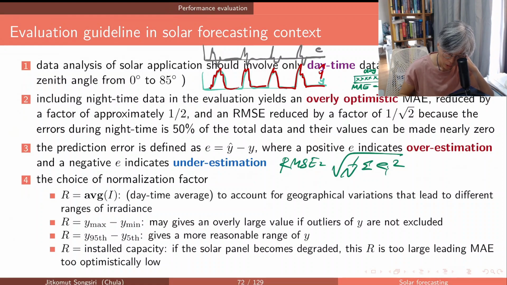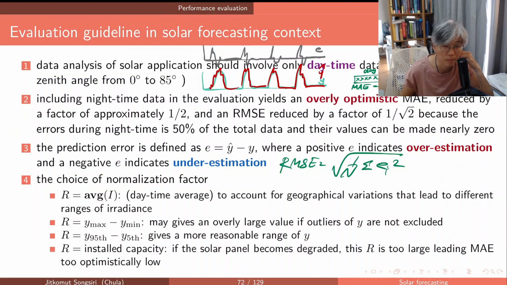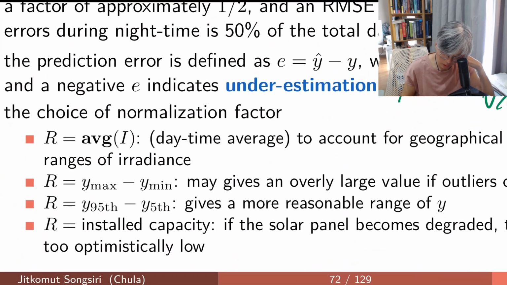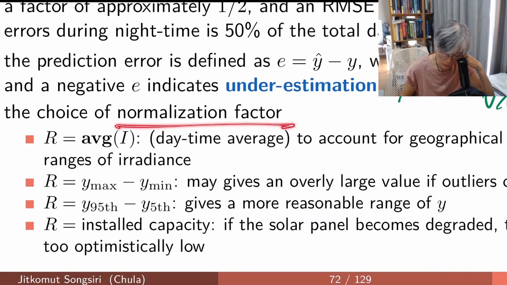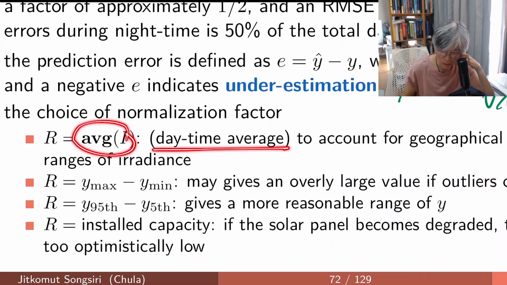So the prediction error, as I mentioned before, is calculated based on the formula y hat minus y. So that the positive e indicates overestimation and the negative e indicates underestimation. These are the notes that I mentioned earlier. If you use the normalization factor R as the average of y, we only consider the daytime. So use the average over the daytime.